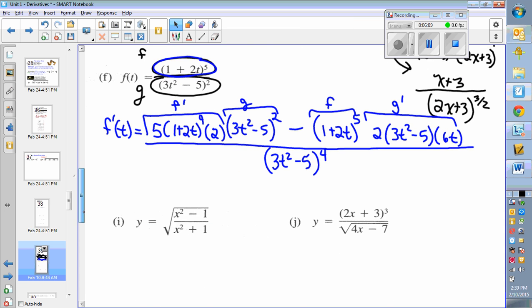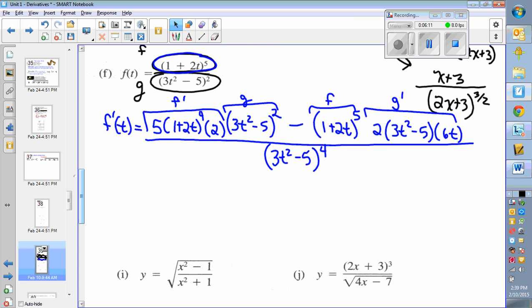All right, so some canceling first, before common factors. I'll circle it in red, there is a 3t squared minus 5 here. There's 2 of them, there's 1 there, and there's 4 here. So we can kill one of them that's a common factor, divide it out here, kill one of them here, and one of them there.